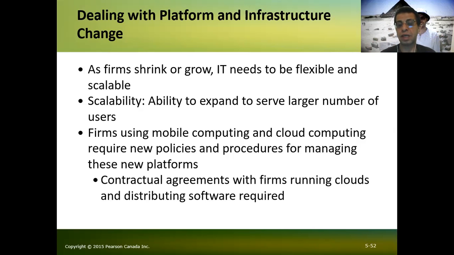And then scalability, which is the ability to expand to serve a larger number, more people, more users. You also need to deal with a firm using mobile computing and cloud computing, and there are new policies on how you're going to deal with sensitive and insensitive data, and procedures for managing these new platforms, which comes into effect in the contractual agreement with the firms running in the cloud and distributing the required software.